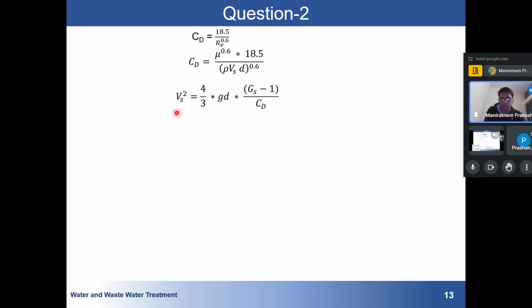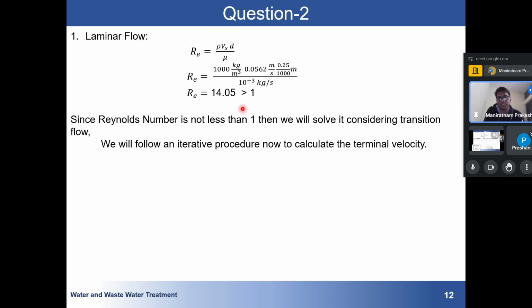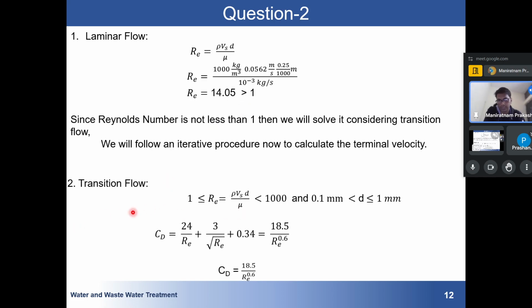So if you do this iteration, first you will put the value of CD, then you will find the settling velocity, then again you will check the value of Re, whether it's coming in the transition phase or not. Obviously, for the first case it won't be correct, because for Re 14 you will face some problem.